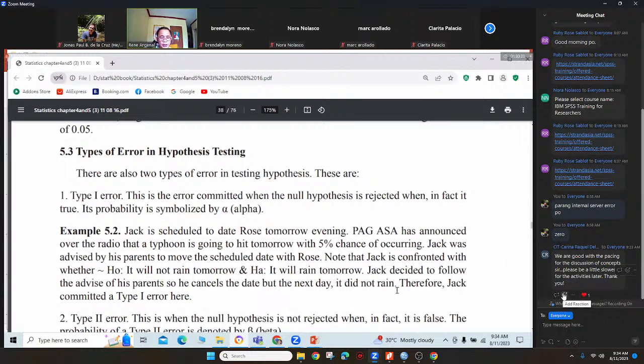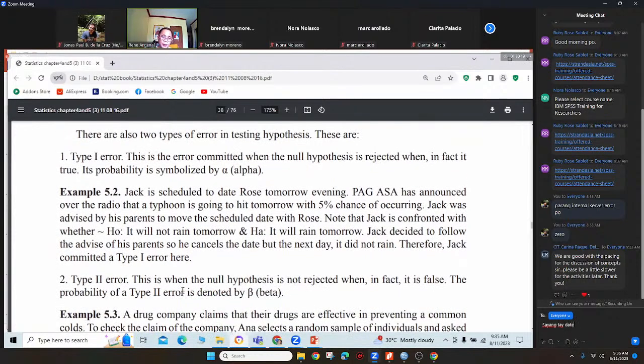So therefore, Jack here committed a type 1 error because he canceled the date when in fact it did not rain. So rejecting the null when the null is true, that is a type 1 error.